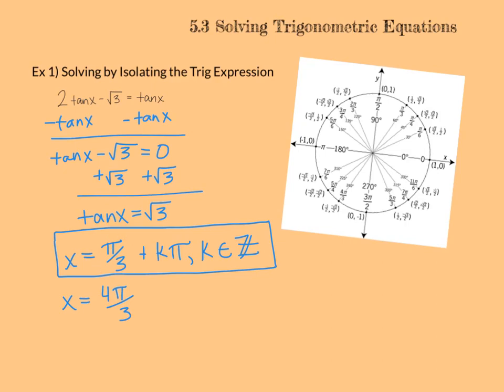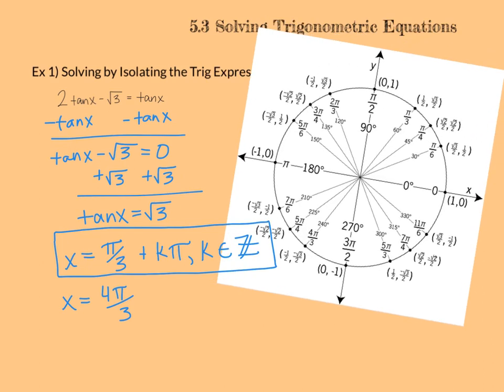If we're saying every pi over 3, so every time we're here, and then every time we add an entire pi, so our first integer value is 1, if we add 1 pi to it, I get here to 4 pi over 3. I'm adding 3/3 of a pi, so I'm ending up down here. Then let's say I started from pi over 3 and I added 2 pi. I went all the way around the circle, so I'm back here. So this answer works, and it encompasses this value.